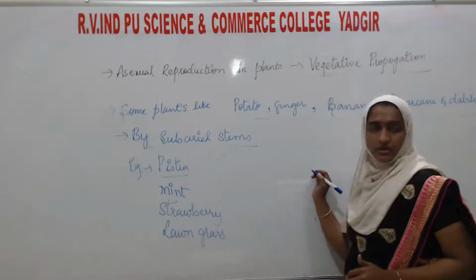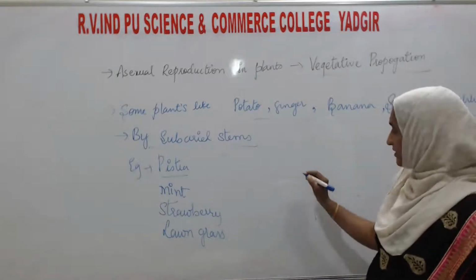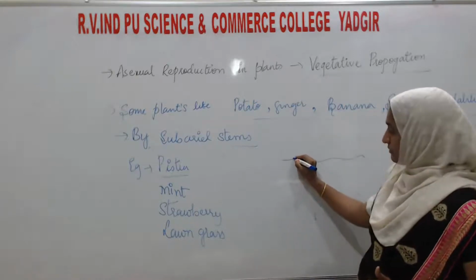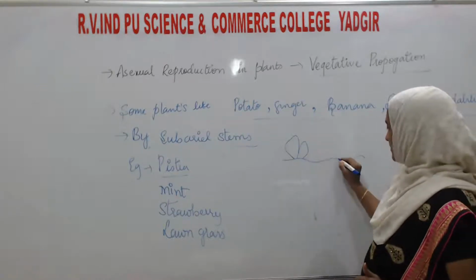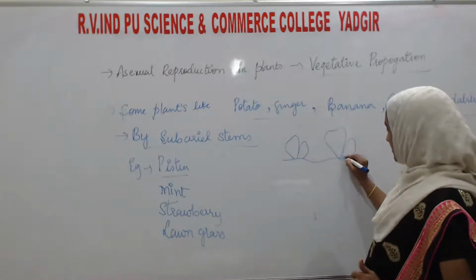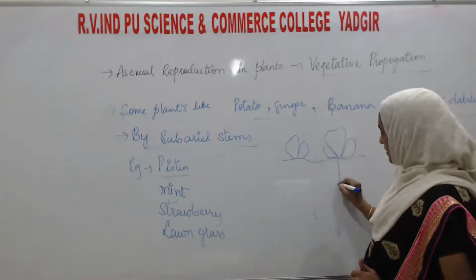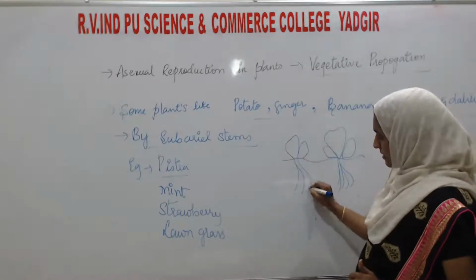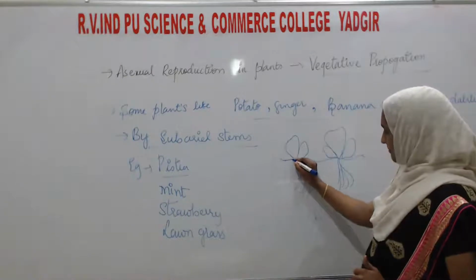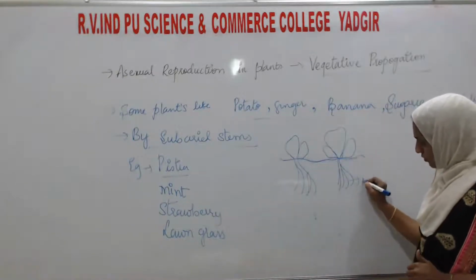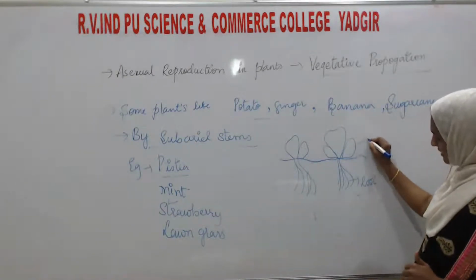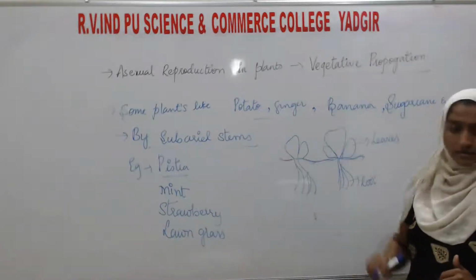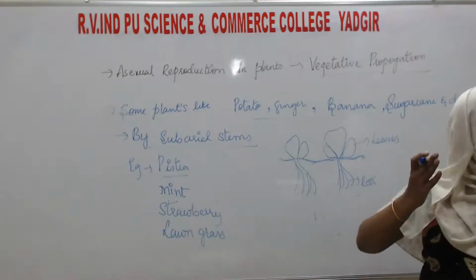How is this vegetative reproduction going to take place? For example, this is the pistia. This is the plant that we are calling the pistia. And this is the stem, this is the roots, and these are the leaves. This part, the stem is not erect.